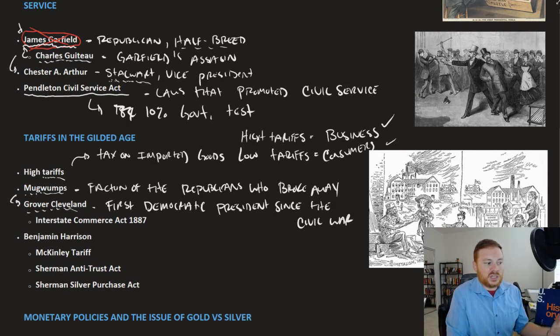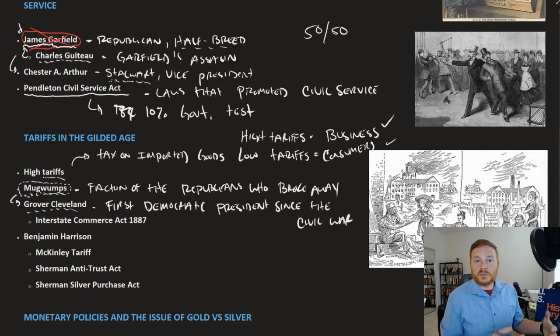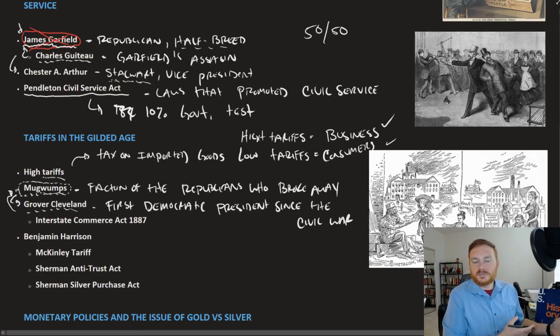And especially in the Gilded Age, where we talked about the vote was pretty much 50-50, just the fact that you had a very small group break away, their vote became incredibly important. And in fact, Grover Cleveland even courted the mugwumps, these kind of dissenting Republicans, in order to get elected.